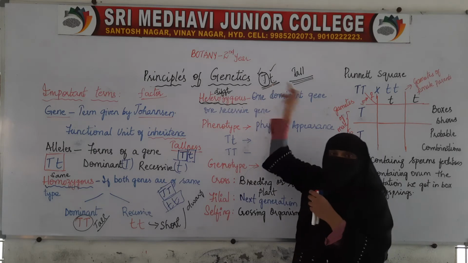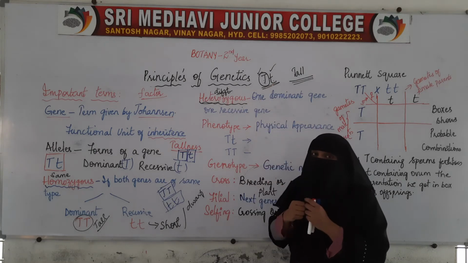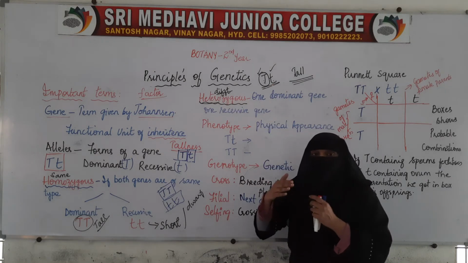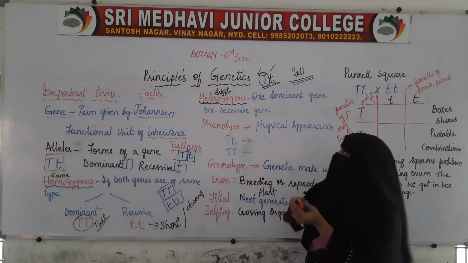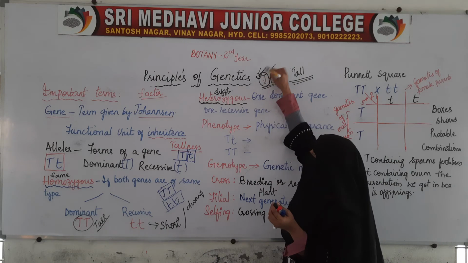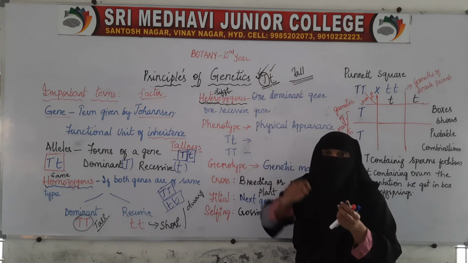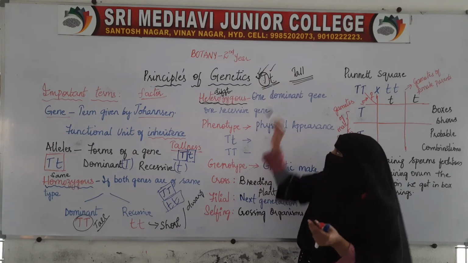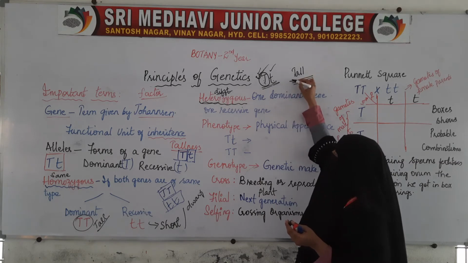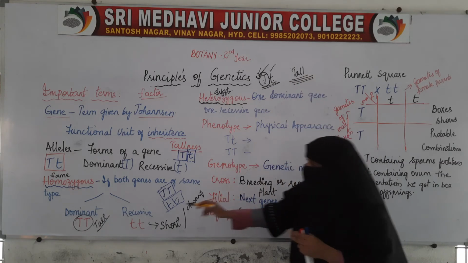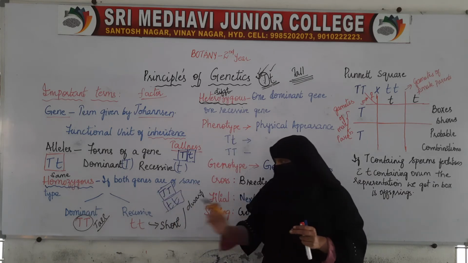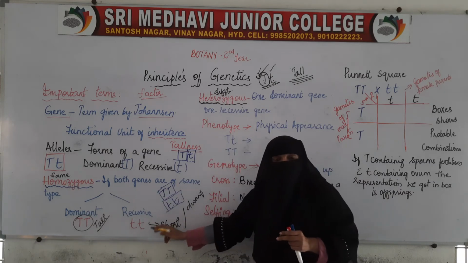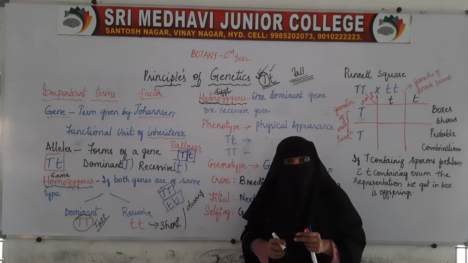But at the end, the one who wins will be able to express itself. T is always dominant, so T wins. If it is both T, then definitely it will be tall. But if both of them are small t, then the height of the plant will be short.